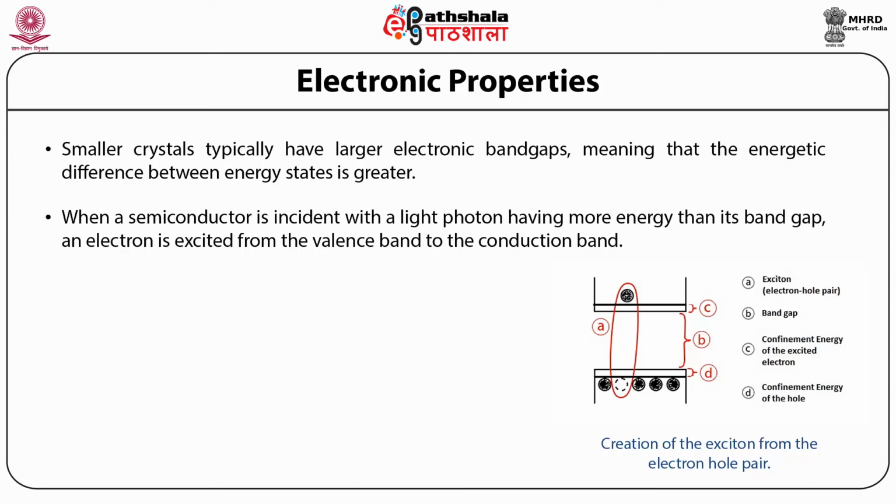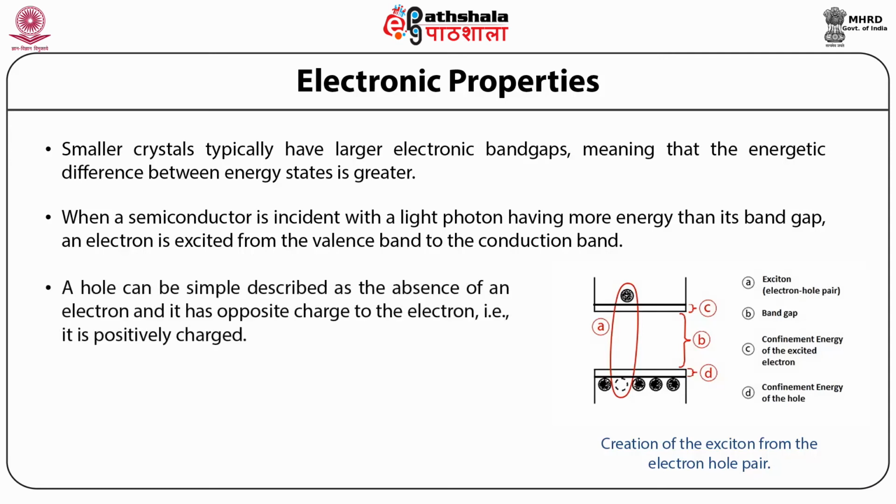The excitation of an electron to a higher energy state results in the creation of a hole in the valence band. A hole can be simply described as the absence of an electron, and it has opposite charge to the electron. That is, it is positively charged. The electron and hole experience Coulomb attraction and form an exciton.